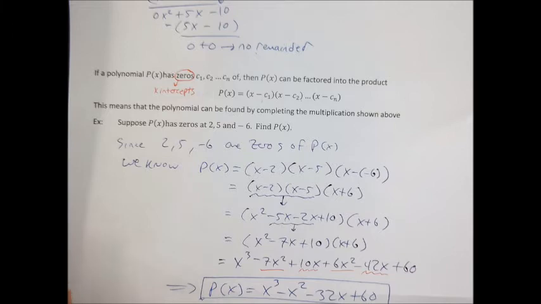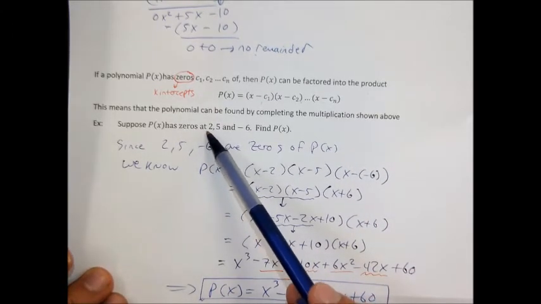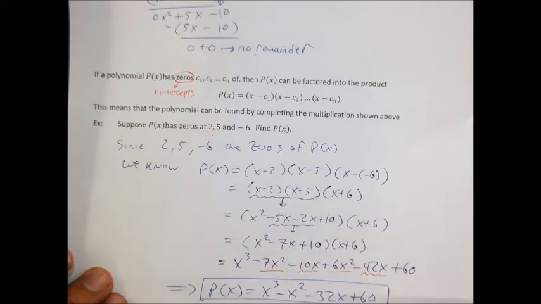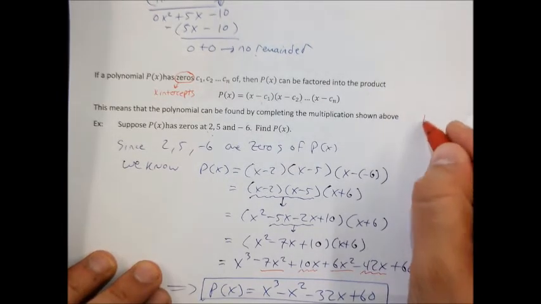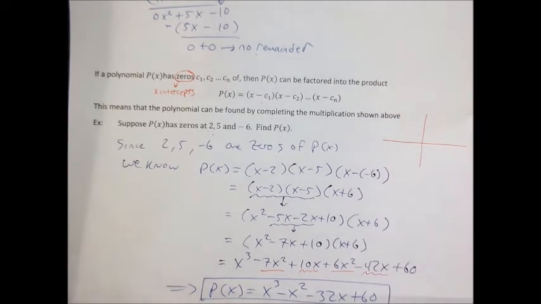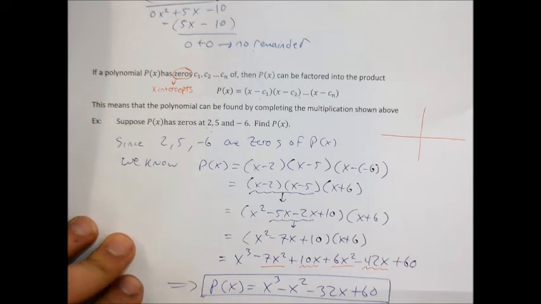And so this is the straightforward way where they're just listing the zeros, right? They're literally telling you 2, 5, and negative 6. The slightly more involved version of this would be when they give you a graph and then you have to look at the graph and figure out what the zeros are. So for example, I don't know what this polynomial looks like. I haven't graphed it, and I have a general idea what it looks like because I know how to graph polynomials.